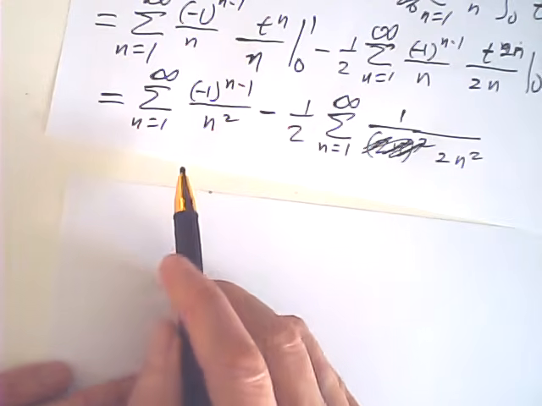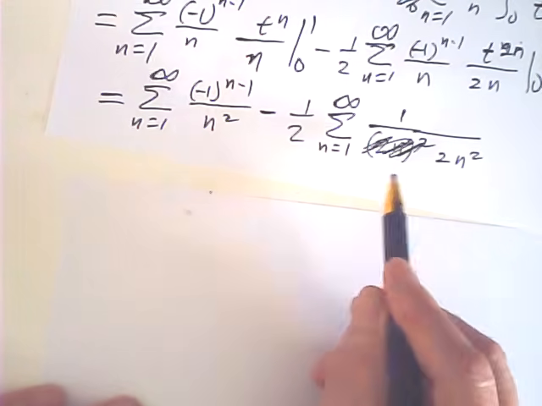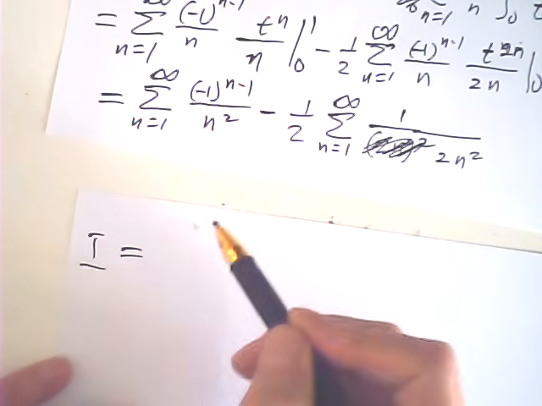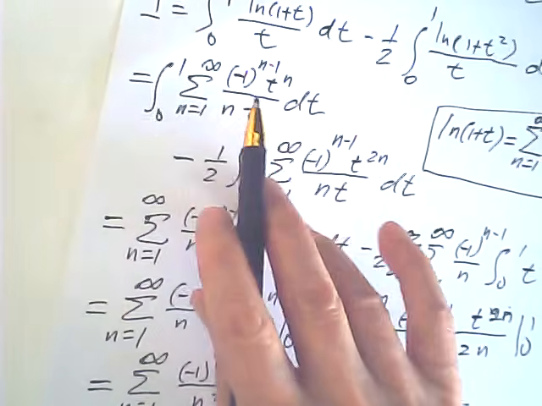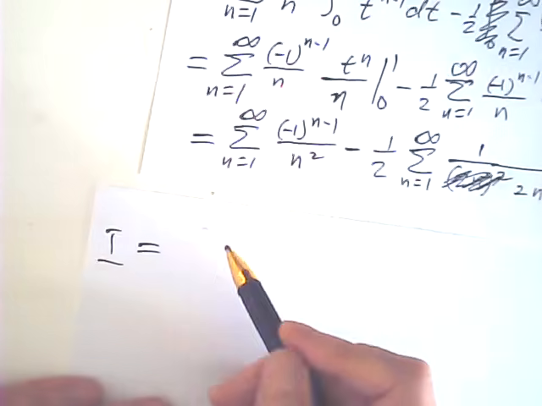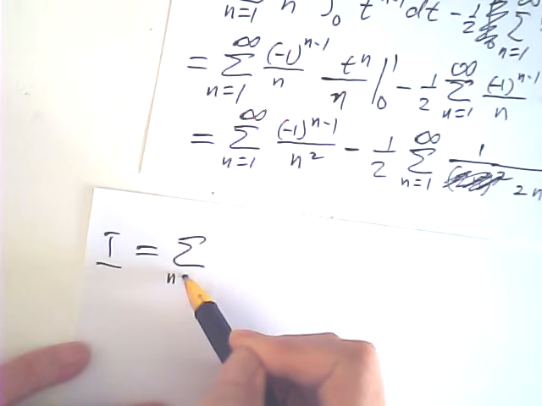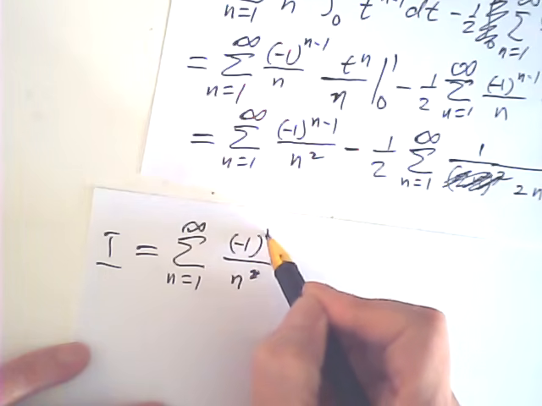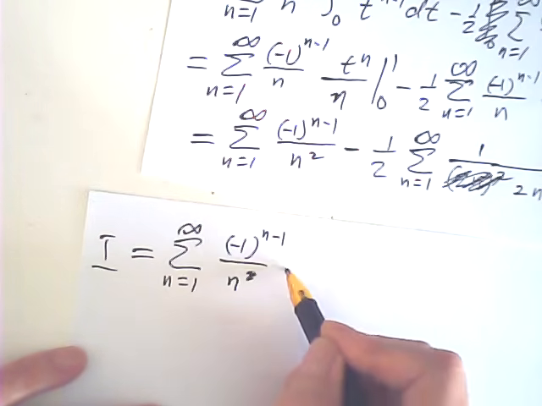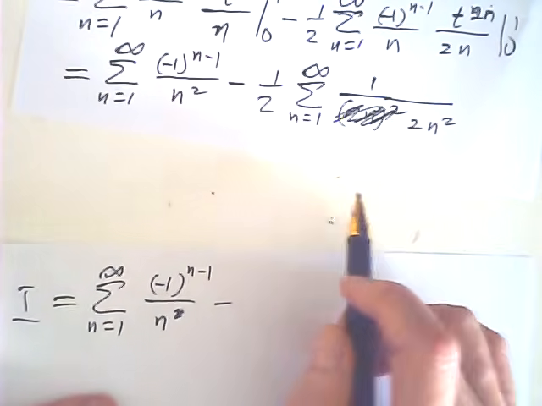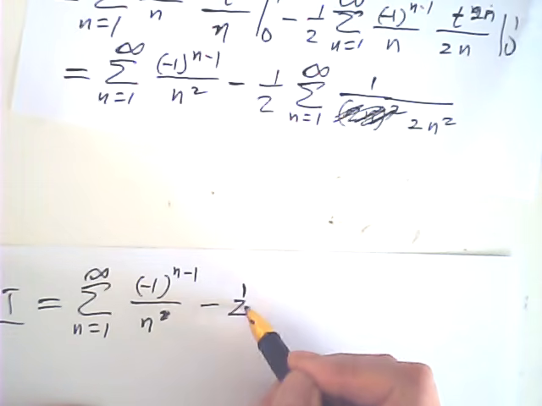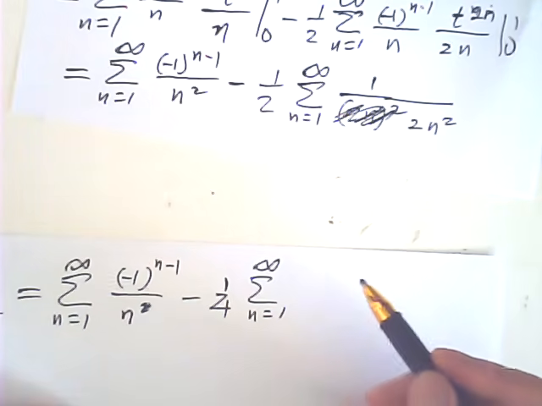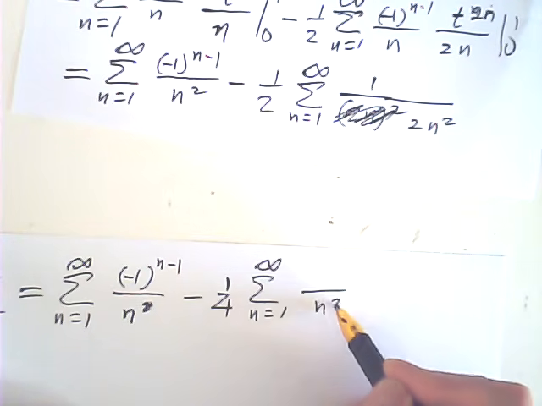All right, and this one is equal to, okay, this is I, right? We go back to I. Yeah, this is I equal to sigma n minus 1 to n minus 1 over n squared, minus, this will be 4, sigma negative 1 to the n minus 1 over n squared.